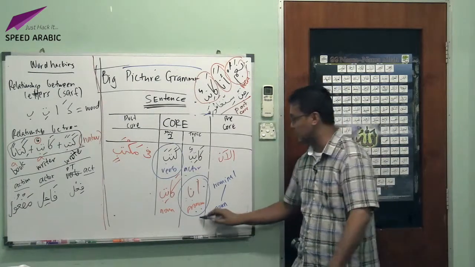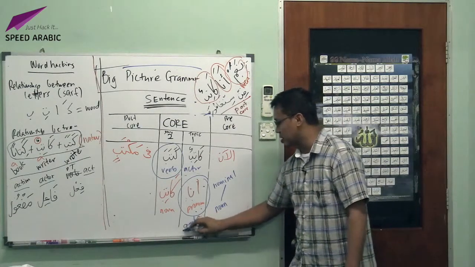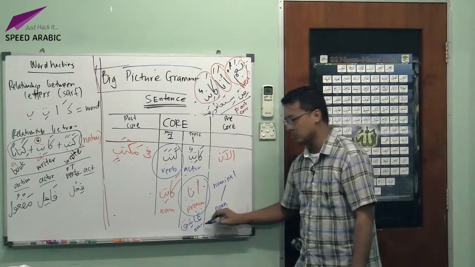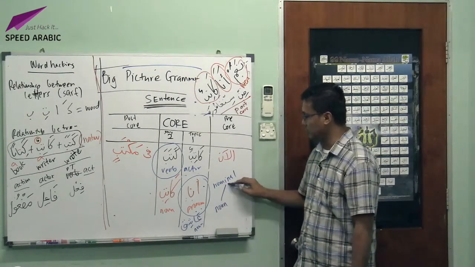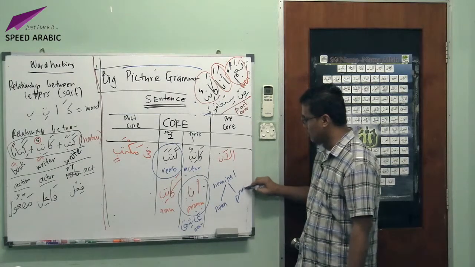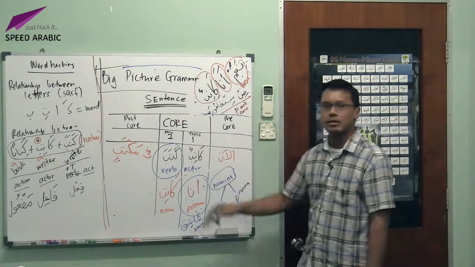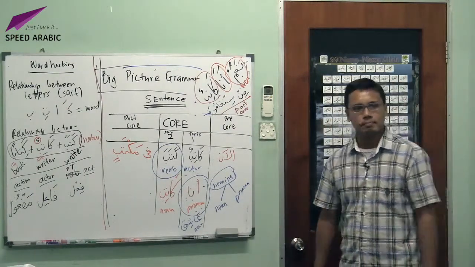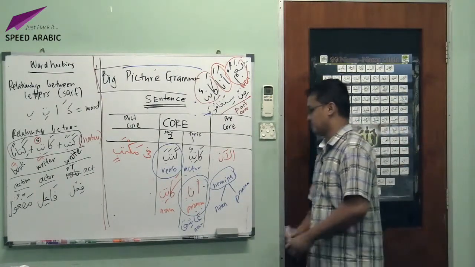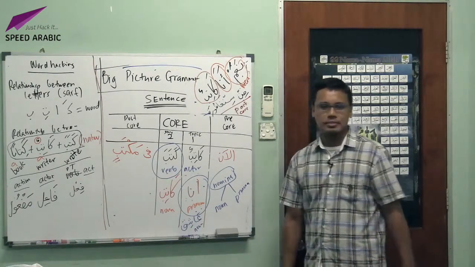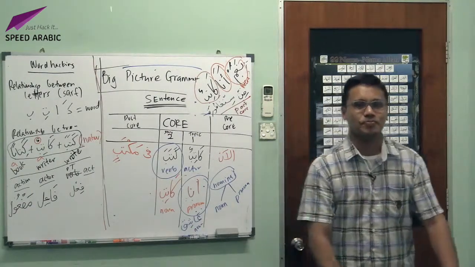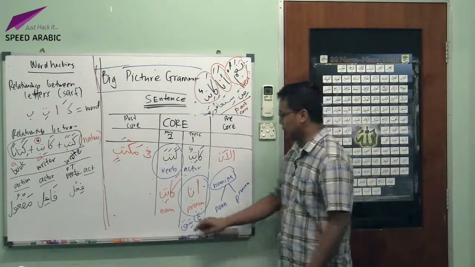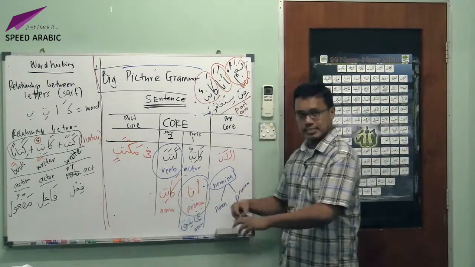For example, Ashiq katib. Ashiq is a noun. But it can also begin with a pronoun. And that is why it's called a nominal sentence. Okay. I don't know whether nounal is a word or not. So, yeah. Okay, but we are not focusing on this now.